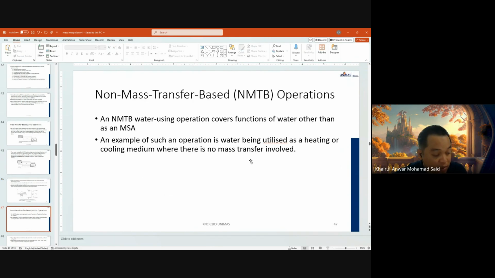So the water is used as a utility or heating, cooling medium or reactant. Normally, we see this case in cooling tower. So this is what we call a fixed contaminant operation.